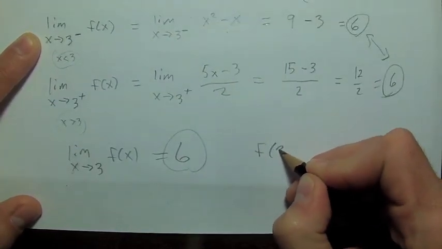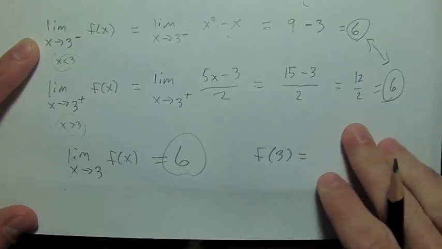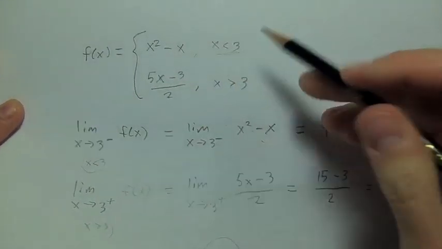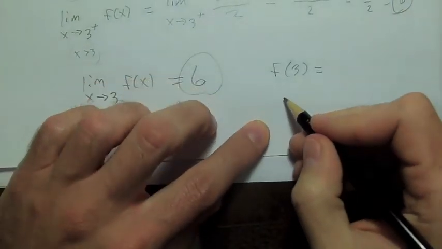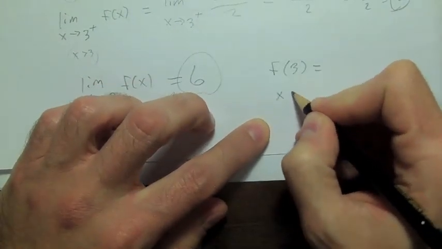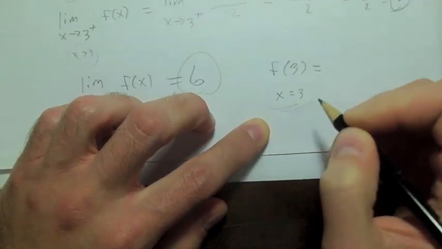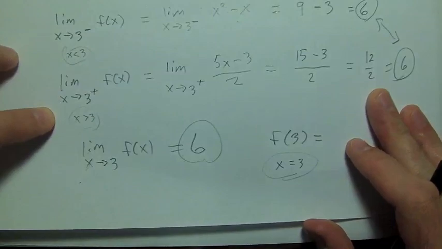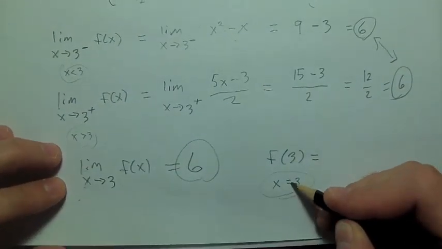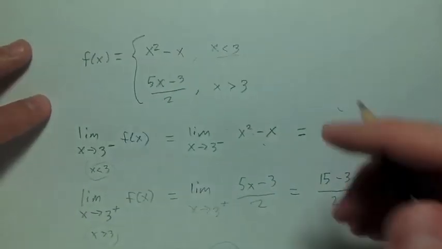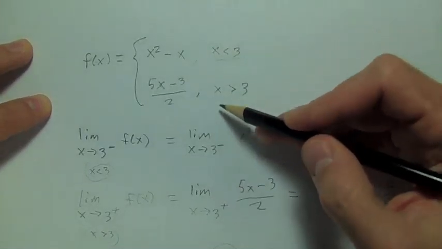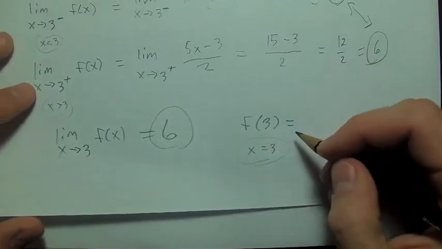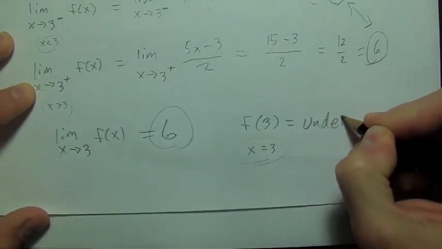But what is f of 3? Well, if we go back, remember this f of 3 is actually when x actually equals 3, as opposed to the limits, less than 3, greater than 3. Here this is when x is actually equal to 3. And do I see an equal sign anywhere? No. So what's happening here is that this is undefined.